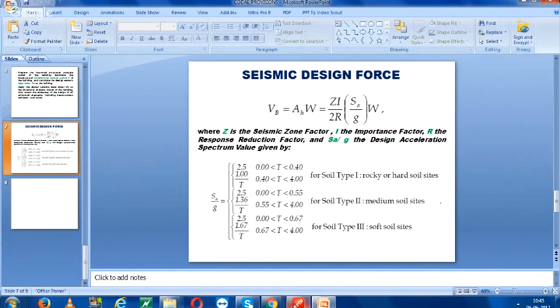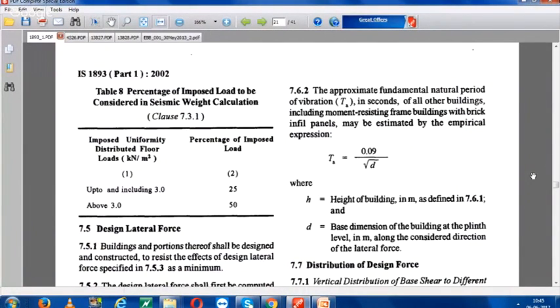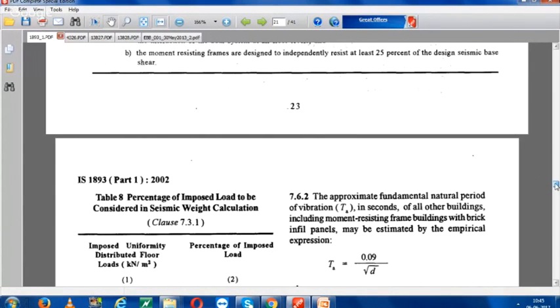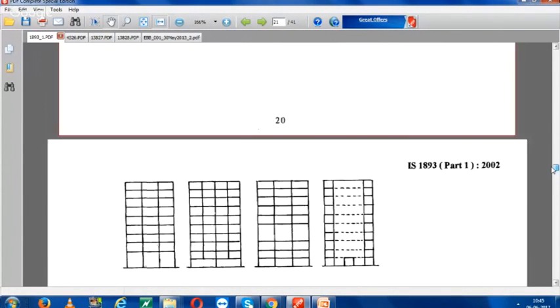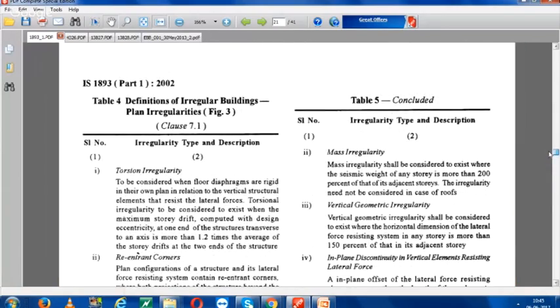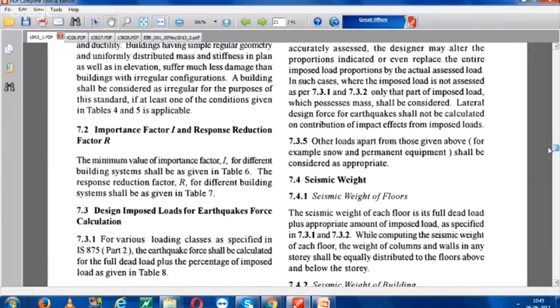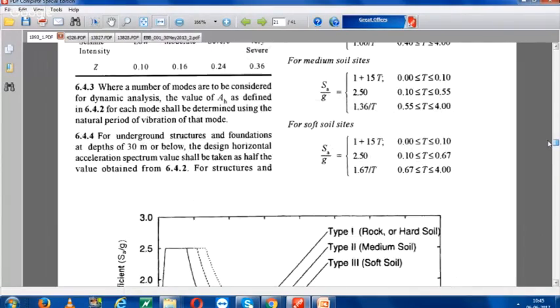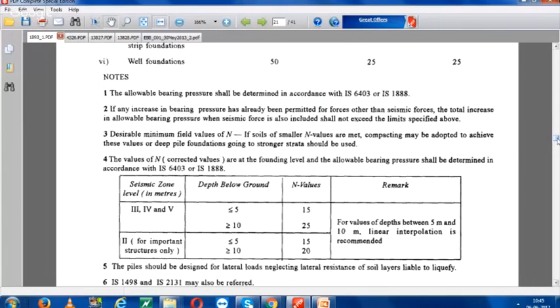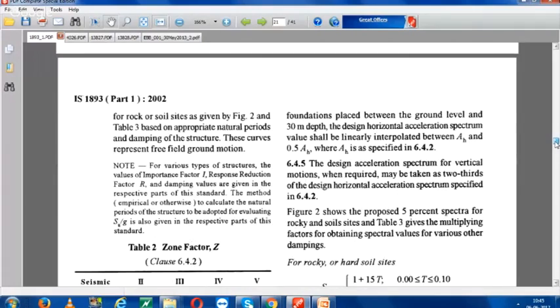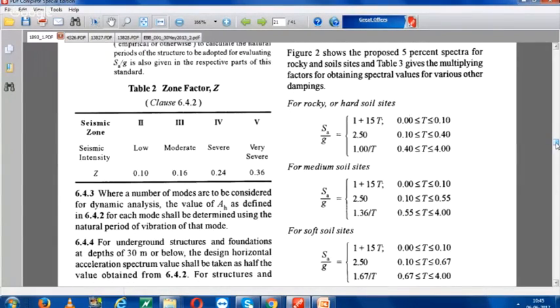Here in the Indian Standard Code, it is given as the Z factor, the zone factor. Zone factor Z depends upon the zone in which your building is lying: zone 2, zone 3, zone 4, zone 5.